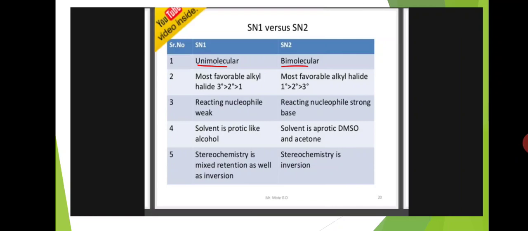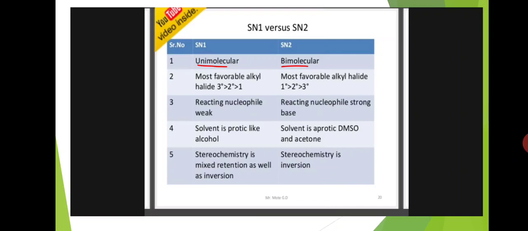In SN1 reaction, only the alkyl halide participates in the rate determining step, but in SN2 both the nucleophile and the alkyl halide participate in the rate determining step. In SN1 the nucleophile can attack from the back side or the front side, both are possible, but in SN2 the nucleophile attacks from the backside only.